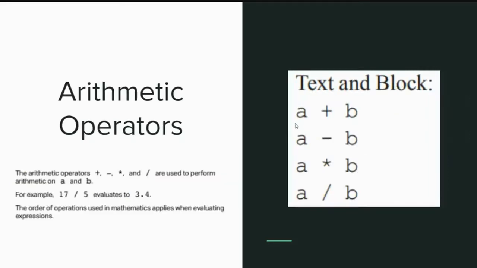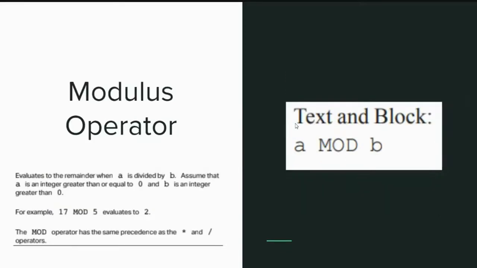Math: A plus B, A minus B, A times B, A divided by B, whatever math I'm needing to do at this part of the program. A mod B is a command that checks to see what the remainder is. Like if A was 17 and B was 5, 17 divided by 5 is 3 with a remainder of 2.